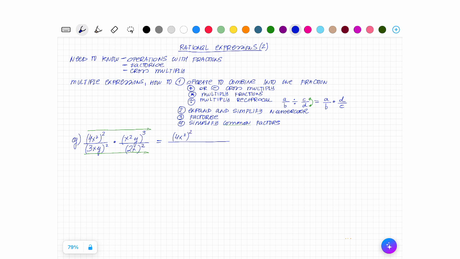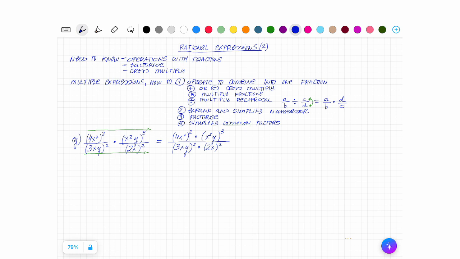and then I will worry about simplifying because I've got common bases in both. And that is using my rules of exponents that you know already, you're familiar with, and we will work with them.